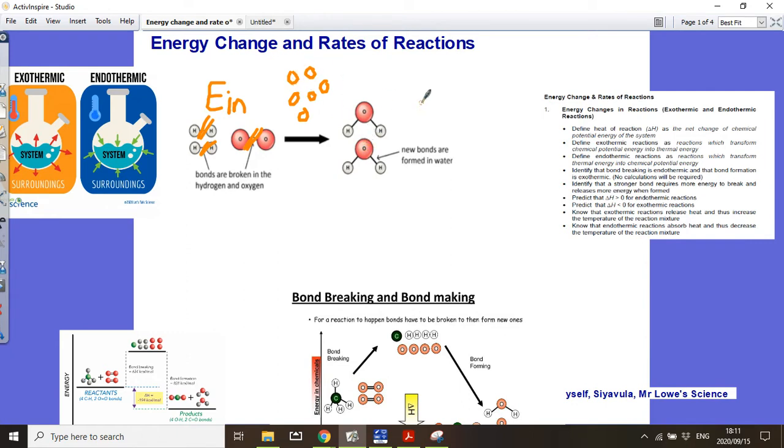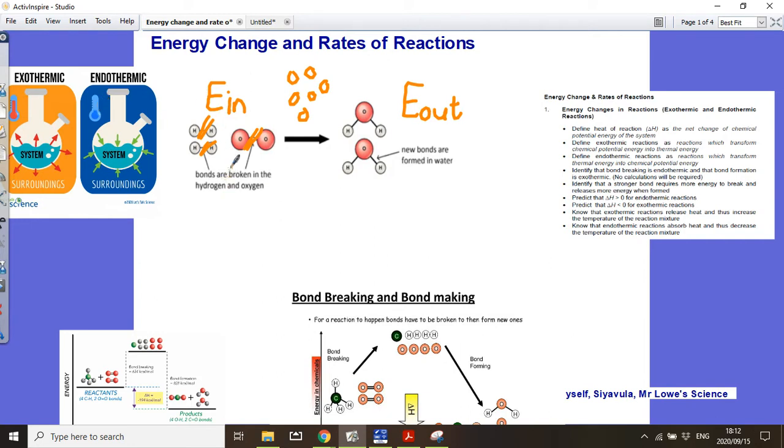So to form these bonds, energy will always be given out because they now want to go to a lower energy state. Now it just depends on how much energy I put in and how much energy I get out, whether it's going to be an exothermic or an endothermic reaction.